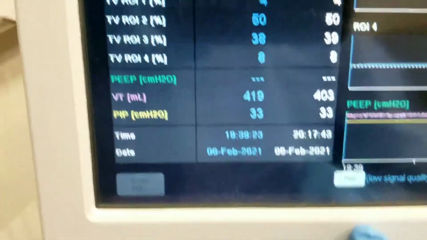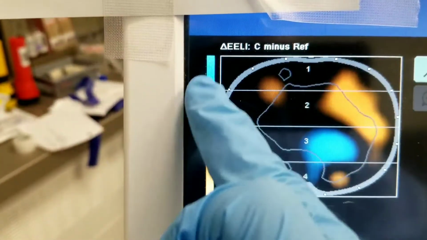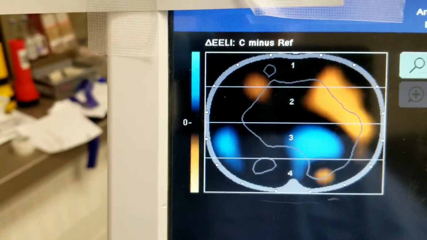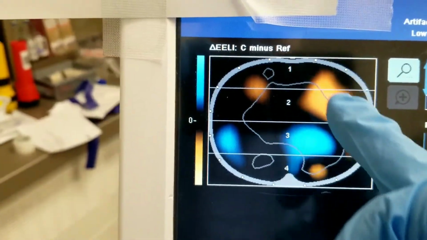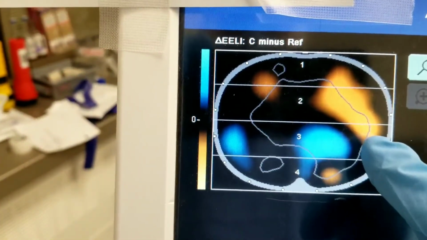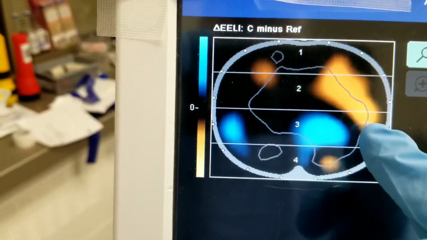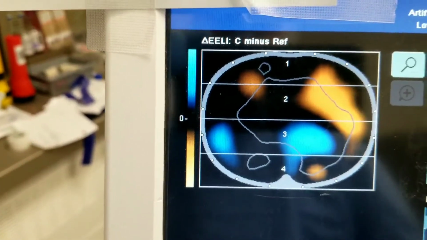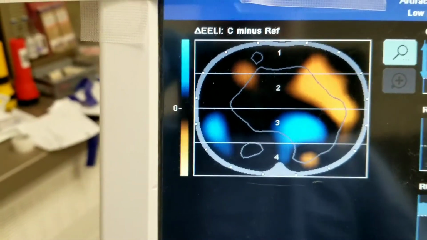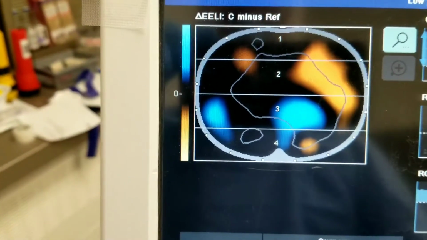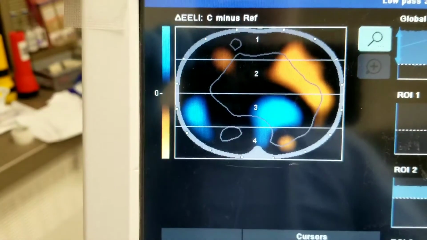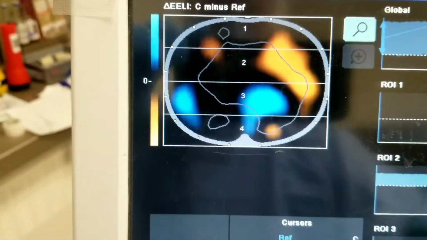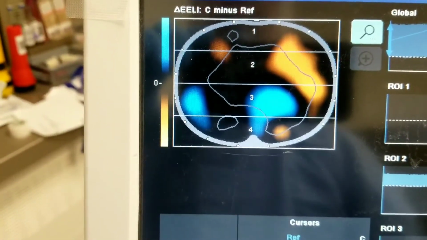If we look at the reference, a lot of that was being distributed up here. If you're seeing a loss up here, indicative of over distension, okay, then you're gaining at the bases. That's telling me that she's more compliant. We were a tad high, and we were getting that non-compliant higher level of your pressure volume loop.